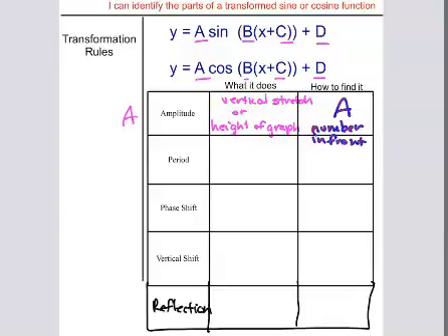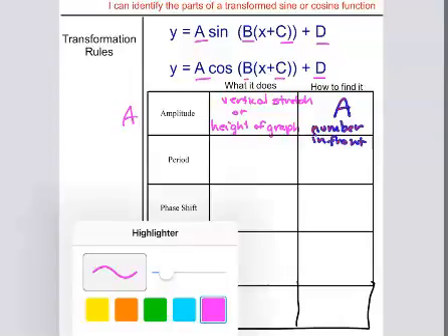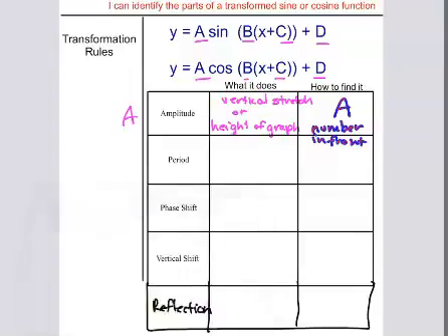Okay, we're going to go on to the next letter here, which is B. B is the period, and that is the length of the cycle. And B is the coefficient, which is the coefficient of X.